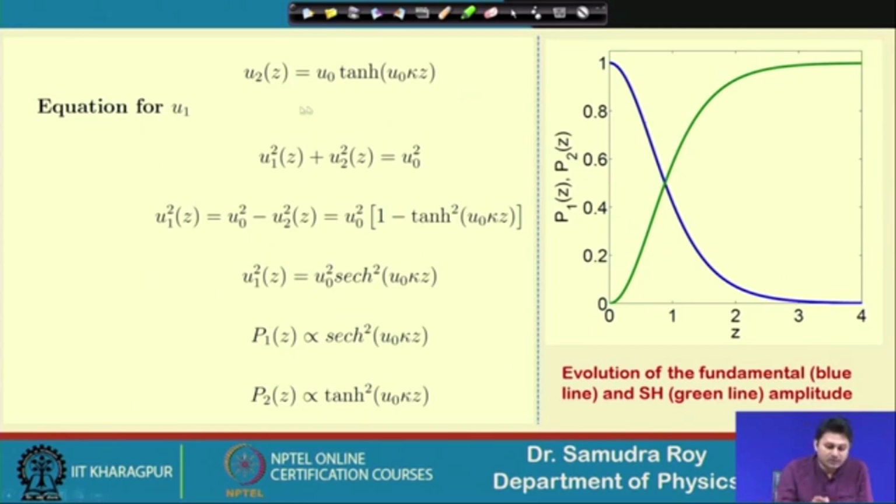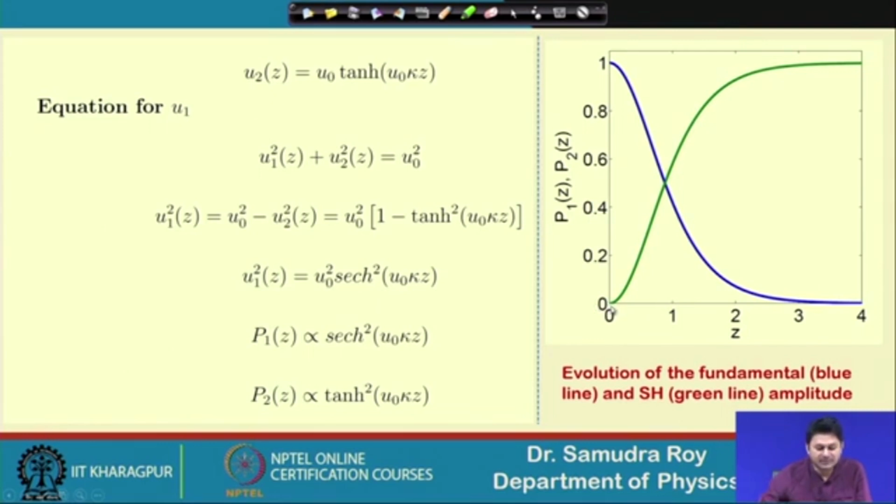Now the tan hyperbolic function suggests, if I plot this tan hyperbolic function in terms of power, then this power is equal to tan hyperbolic square. So the power of the second harmonic will change as tan hyperbolic square, and here the green curve shows how the tan hyperbolic square curve changes. At z equal to 0, it is 0.